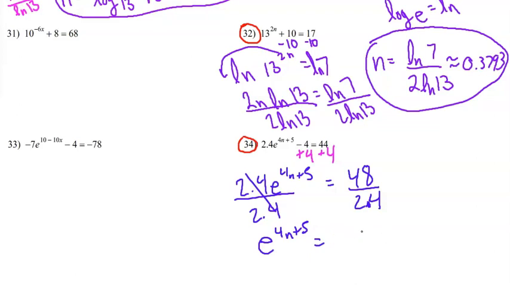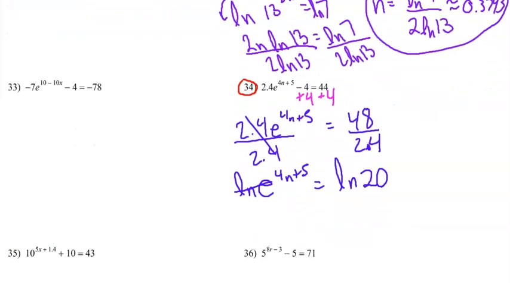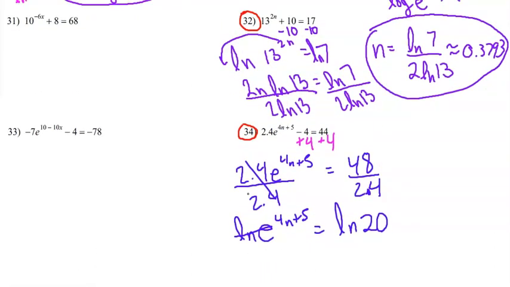Now from there, we want to ln each side. And we would ln no matter what here because e is the base of ln. So those cancel out. So there you're left with 4n plus 5 equals ln of 20.